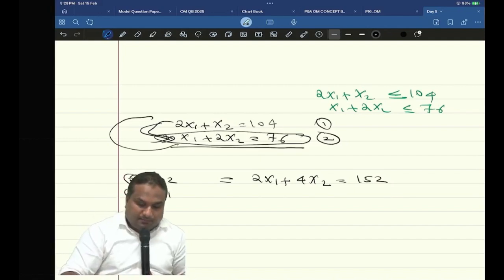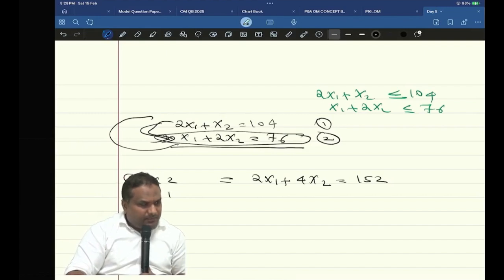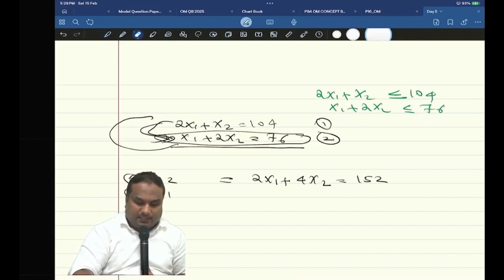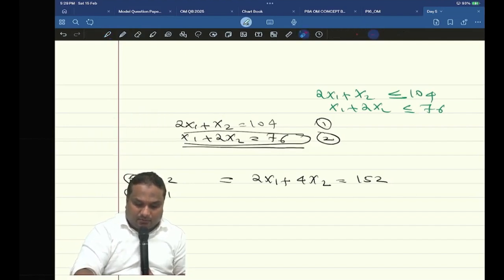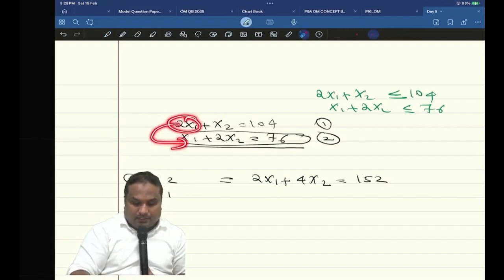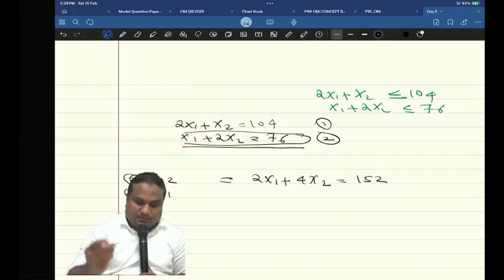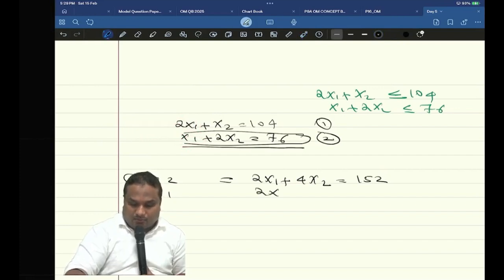Simply we are solving the equation. It's 7th standard mathematics only, very simple. So 1 into 2x1 is 2x1, and 1 into x2 is x2, equal to 1 into 104, which is 104.